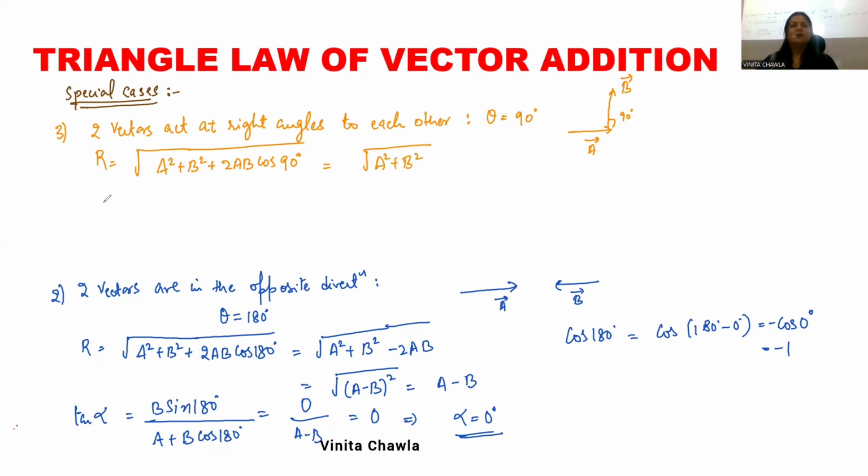And tan alpha is B sin theta upon A plus B cos theta. Theta is 90 degrees, sin 90 degrees is 1, and cos 90 degrees is 0. This is B by A.